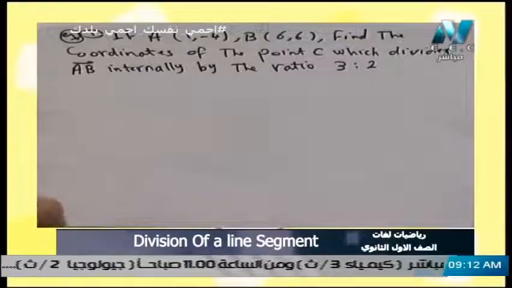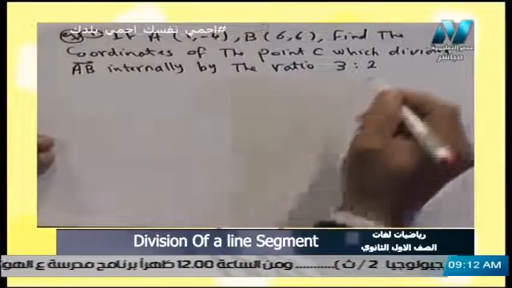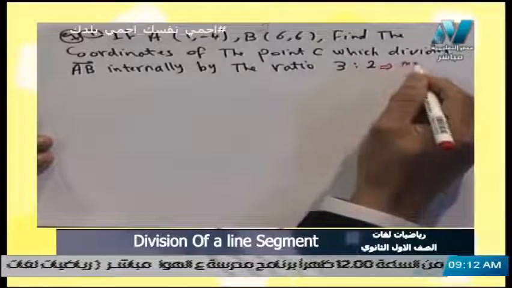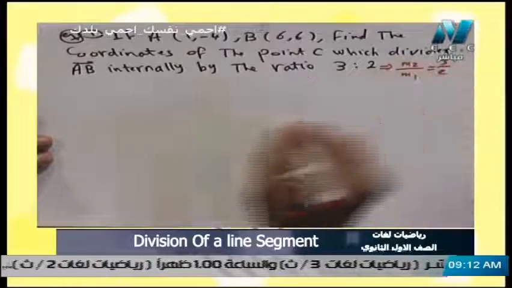So we have the ratio M2 over M1 equals 3 over 2.